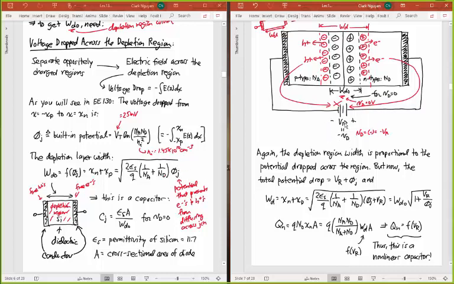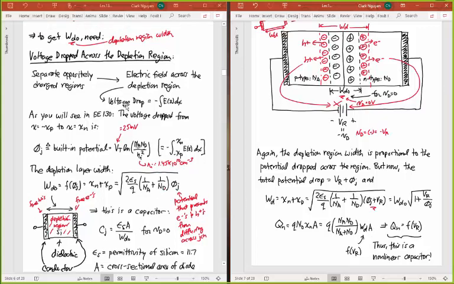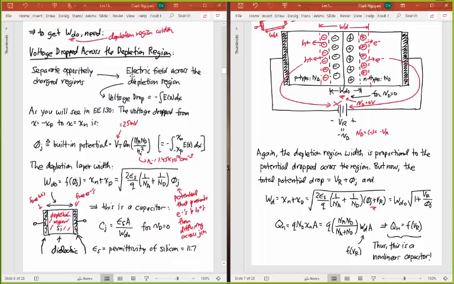But now, because we've added a voltage here, that potential drop is phi j plus V sub R here, okay, which with some algebra and understanding this equation to the left, knowing that that's WD naught, I can factor out the WD naught from here and just write this as WD naught times the square root of 1 plus VR over phi j. And so that's the width. The total width is equal to this. And so the charge, of course, depends on that width through this equation. That's something we just wrote back here. That's this equation up top here.